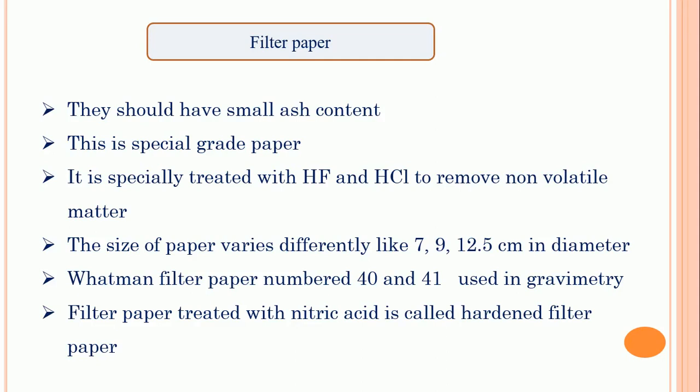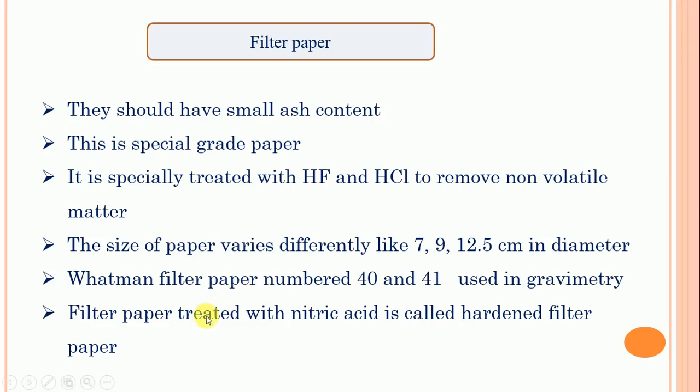These Whatman filter papers are specially numbered, and we can identify them by the numbers Whatman number 40 and Whatman number 41.